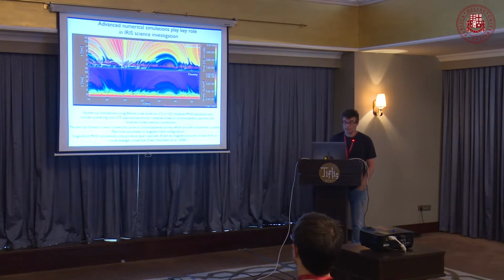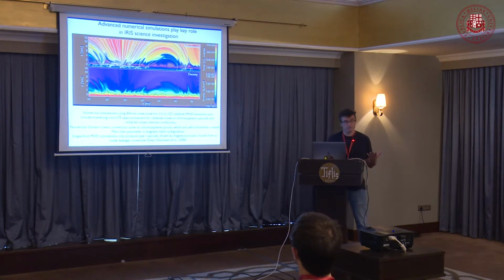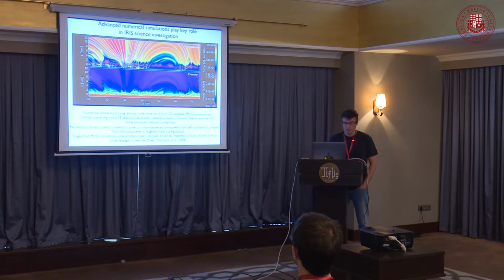Bifrost does a little better, well, it does a lot better in some diagnostics and a little better in others. There are still discrepancies, and Mats talked about them yesterday. The interesting thing with IRIS is to learn from these discrepancies, compare with the observations, and then figure out what could be missing. And that's how we came to these simulations.